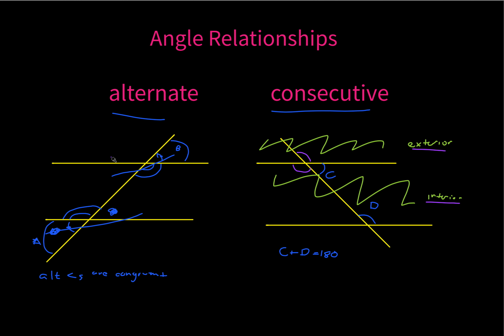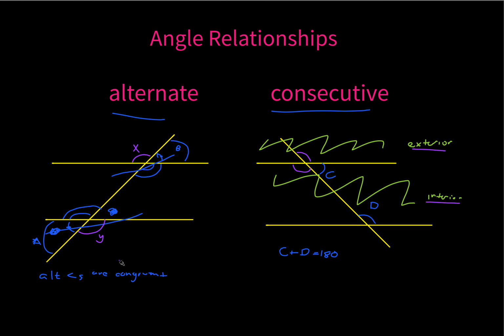So if we wanted to look at this angle here, I'll call it X, and this angle Y, in order to determine their relationship to one another, we'd first have to ask ourselves, well, are they in the interior of this collection of lines or on the exterior?